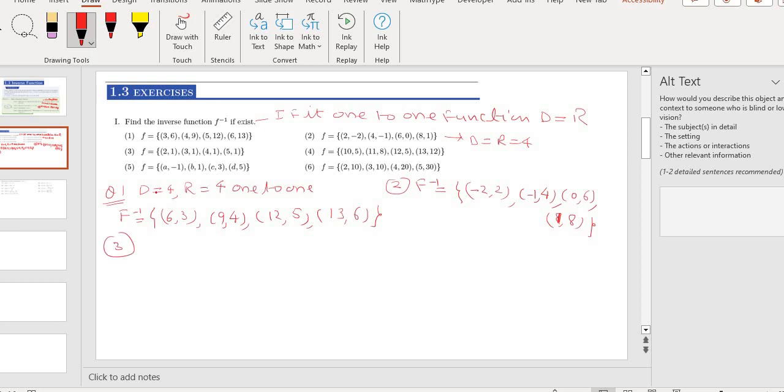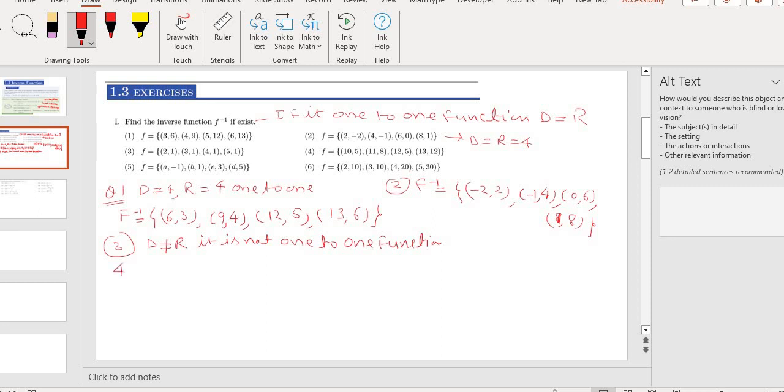Question number 3. That means in question number 3, domain is not equal to range, so it is not a one-to-one or injective function, so we cannot write the inverse of that one.